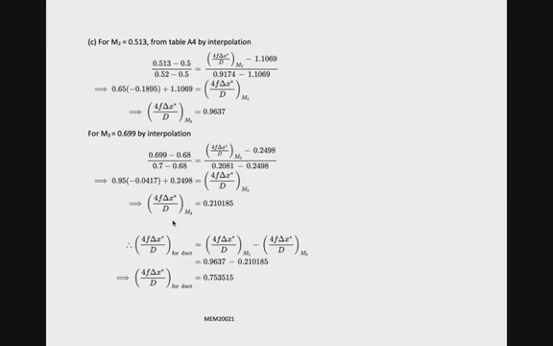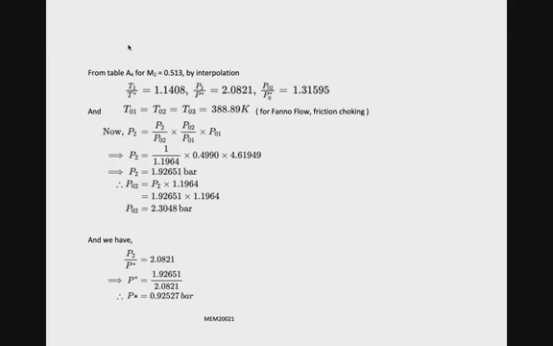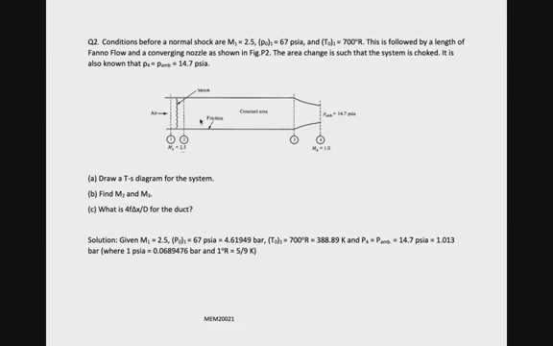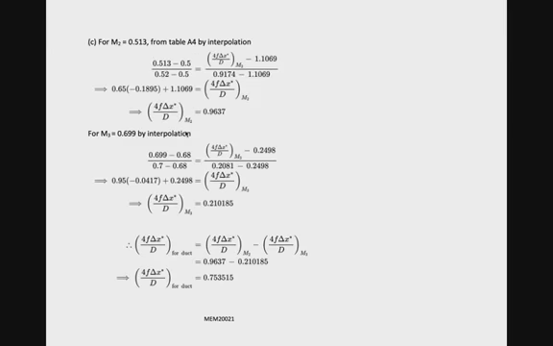Now coming to the final part of the question, which is to find 4f del X by D for the duct. Since this constant area part is considered to be the duct, for M2 we have from table A4, which is the Fanno flow table, by interpolation, this term for M2 equal to 0.9637.